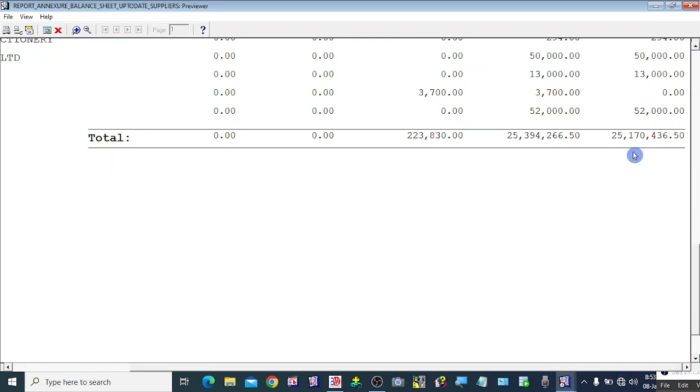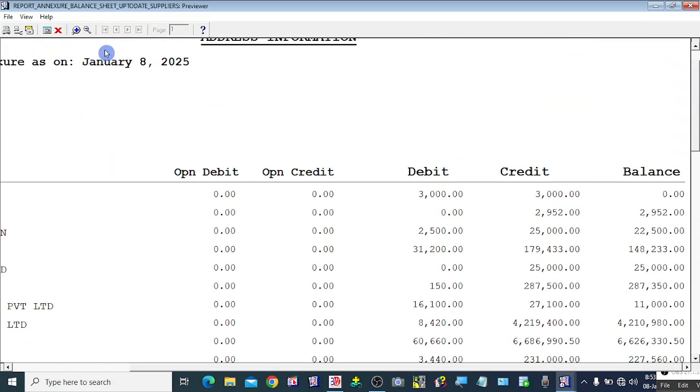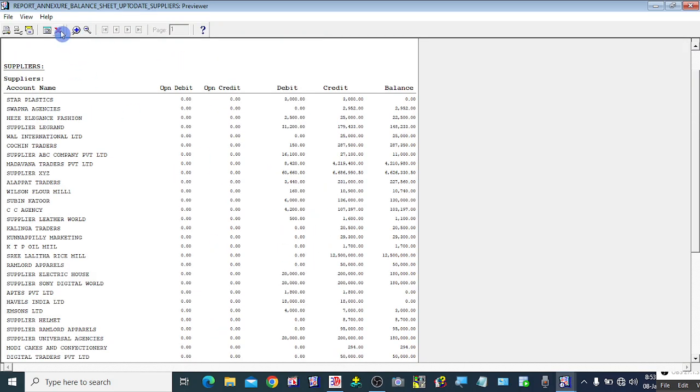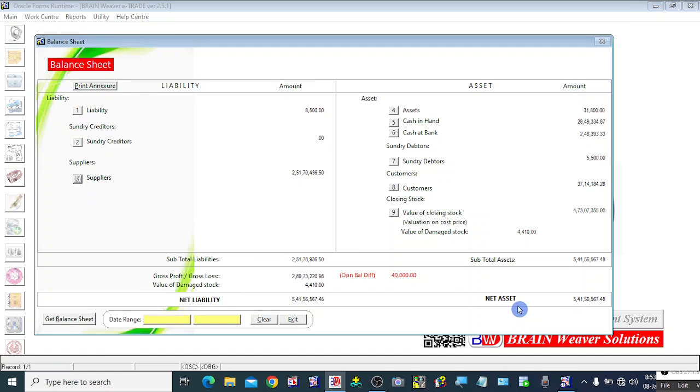Here we can see the total payable is 25,170,436 as of today. Here also you can see the total amount. By clicking this annexure button, you can see the breakup of all the details of the suppliers payable statement.